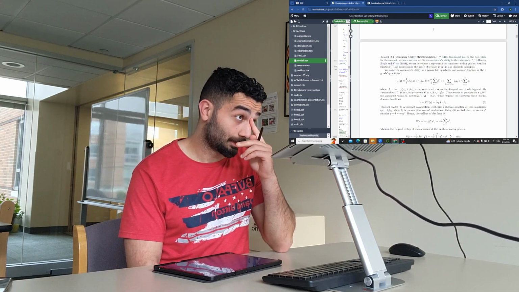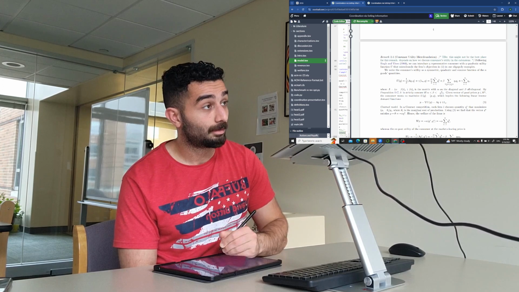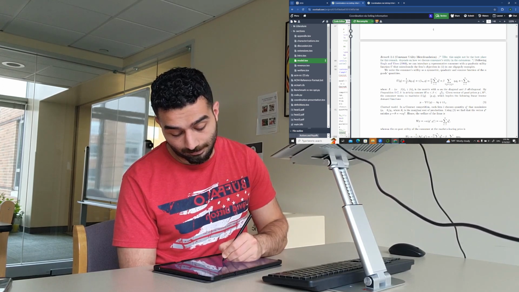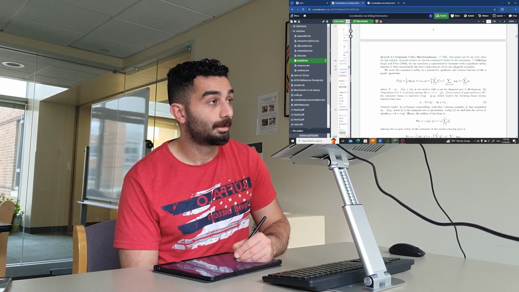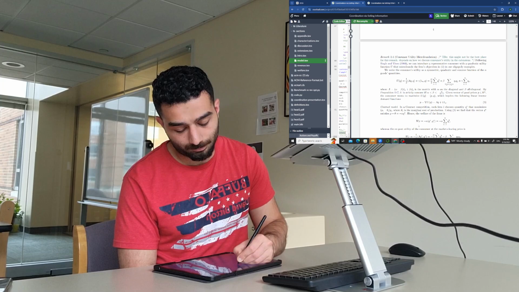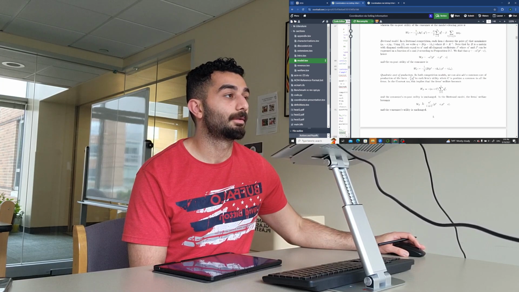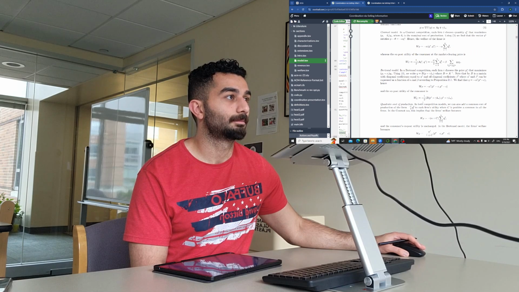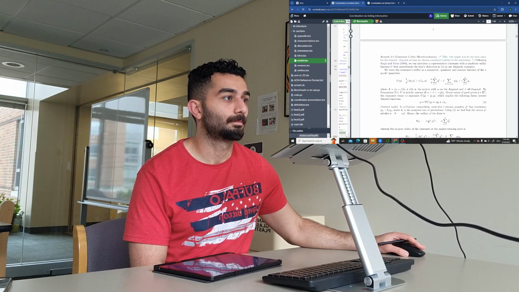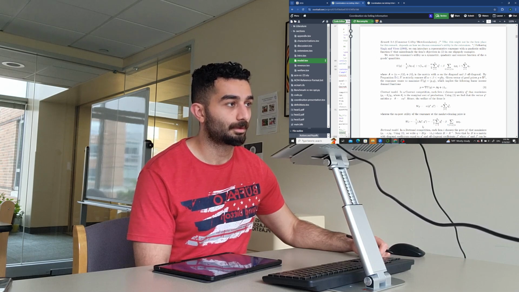Oh, utility of U of Q, not V of Q. U of Q will be 1/2 AQQ plus gamma 1N and Q. But for the Q star we have, for Q star, we don't have Q star.